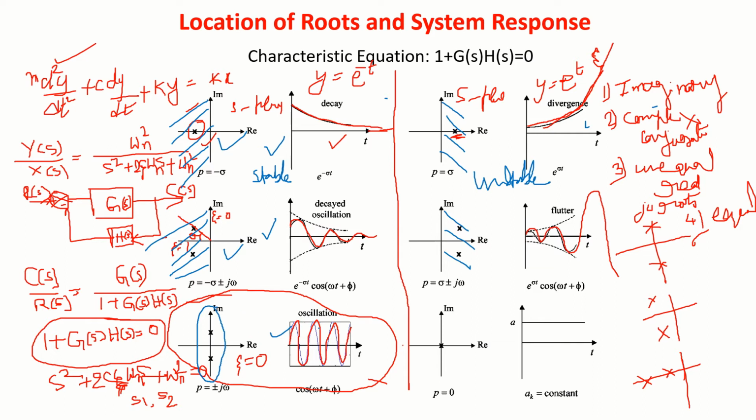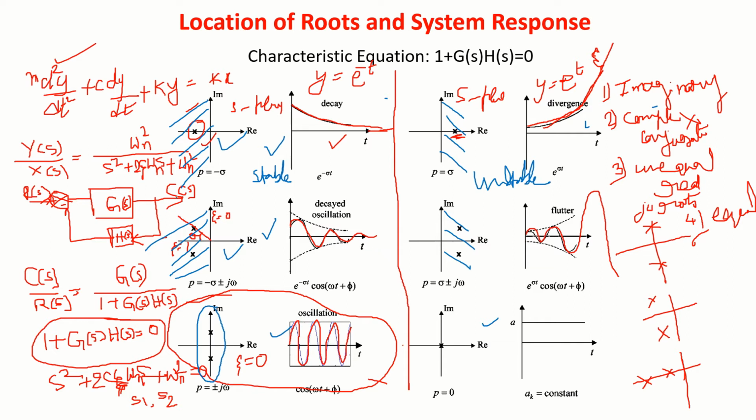Here it is oscillatory, depending on the amplitude we can decide whether it is limitedly stable or marginally stable. Same case here also. Thus these root locations help us to define different types of stabilities, like stable, unstable, limitedly stable. All these things we can define now.